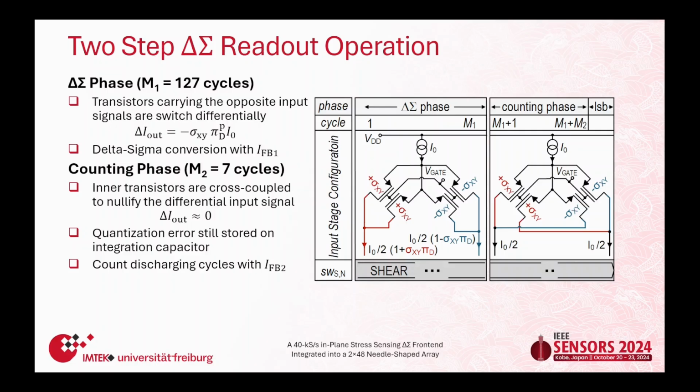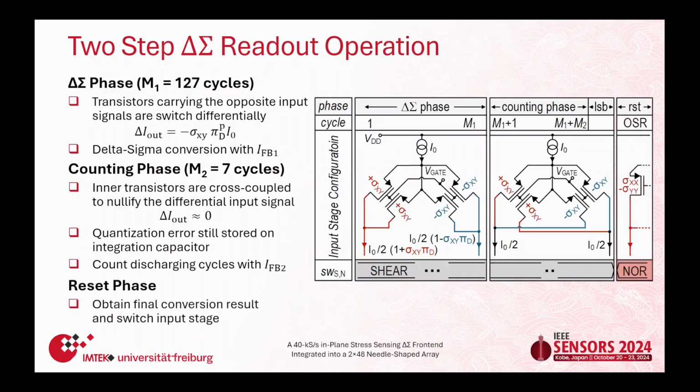However, the signal itself is still stored on our integration capacitor. What we do now is use a second feedback current, the I feedback 2, and count the cycles we need to discharge the capacitor. In the last step, we're going to reset our modulator, switch on to the next stage, so from shear to normal or vice versa, and then we can finally obtain our conversion results.